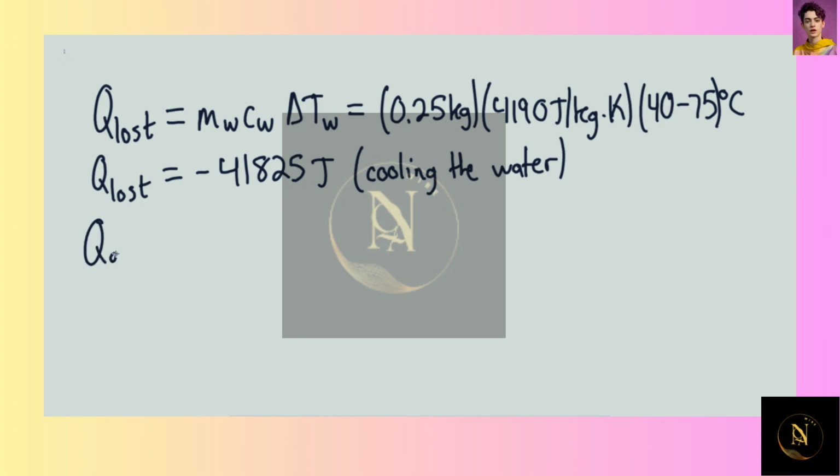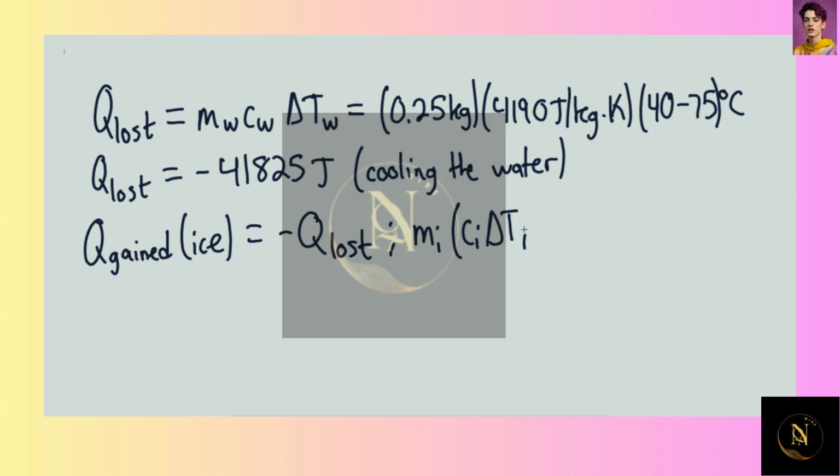We know that the thermal energy gained from the ice is going to be equal to the negative thermal energy lost. So essentially, we can say that the mass of the ice times the specific heat of the ice times the change in temperature of the ice, plus the latent heat of formation, plus the specific heat of the water times the change in temperature of the water, would be equal to, again, negative Q lost.